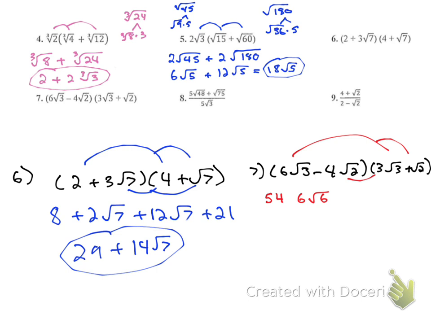Inner, that gives you negative 12 square root of 6. Last, that gives you negative 4 times 2, which gives you negative 8. Okay. So, combine like terms. We'll have 46 and then minus 6 square root of 6.